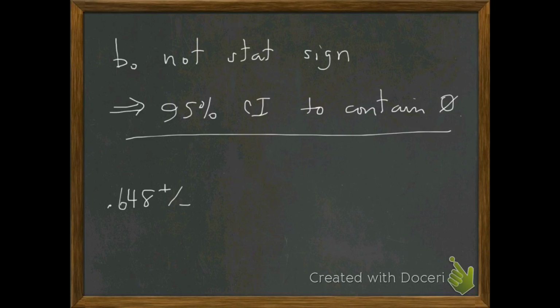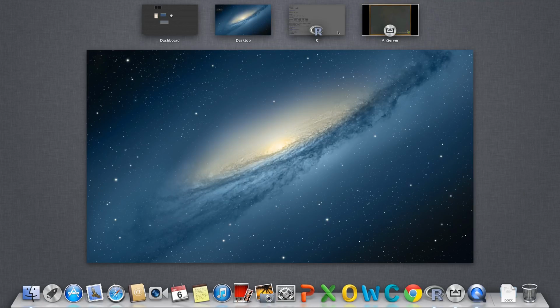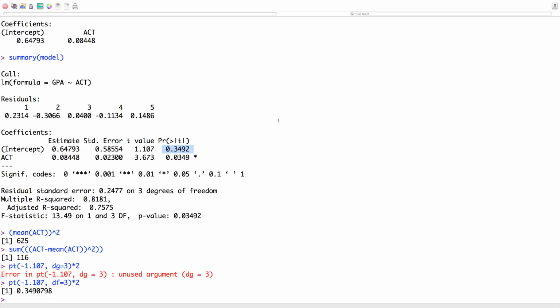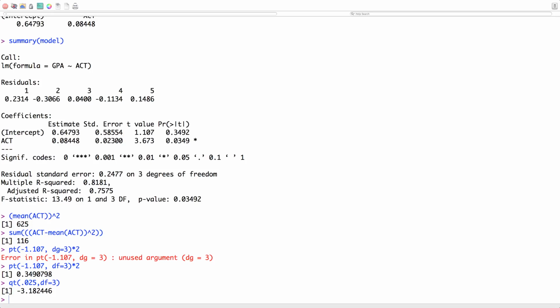We need our t critical, so let's go find it. So use R. So we have QT, and we have a 95% confidence interval, so we need the left tail to be 0.025. Degrees of freedom equal to 3. So we get negative 3.182.